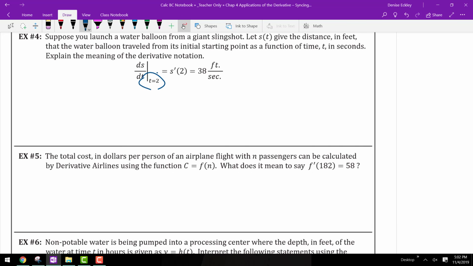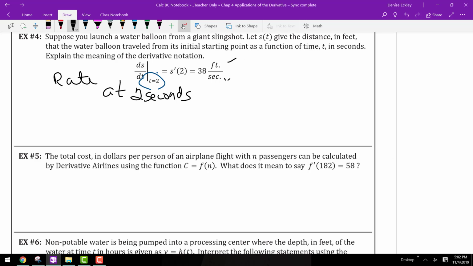So we want to look at the units, t is in seconds, so this is at 2 seconds. So we're looking for the rate at 2 seconds. And so we can also call that s prime of 2. And we're getting 38 feet per second.